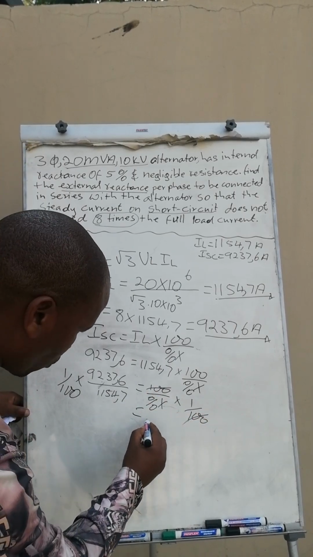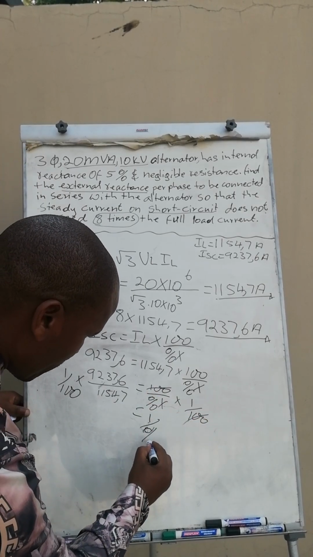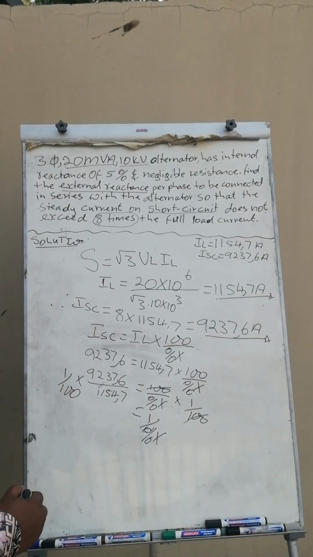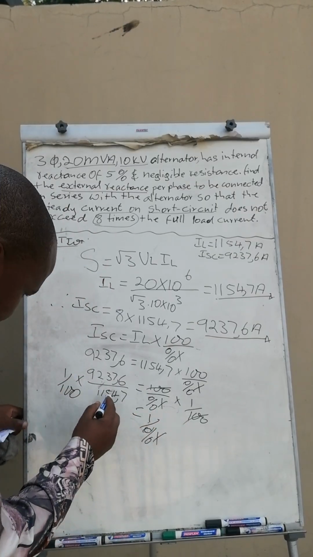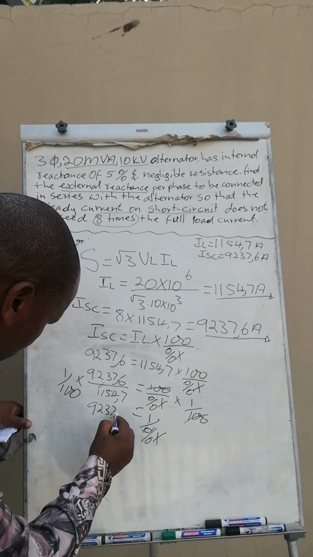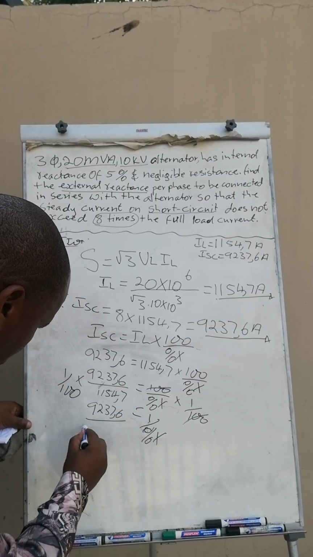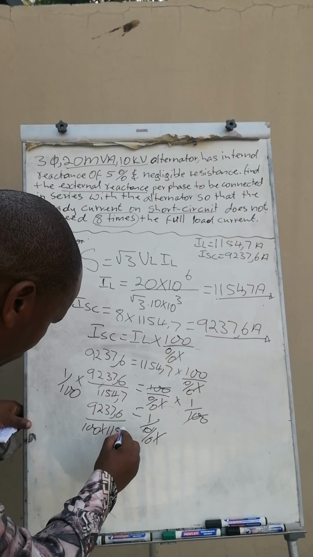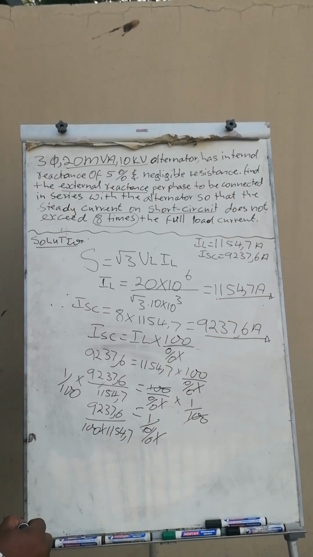Then we are left with 1 over percentage X is equal to 9237.6 all over 100 multiplied by 1154.7.